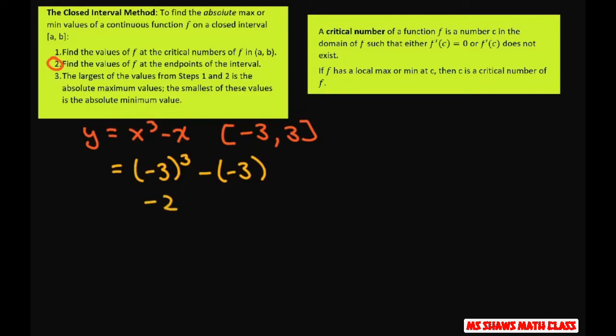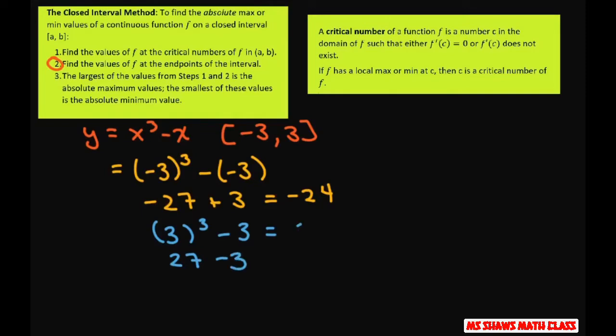So this is -27 plus 3, which gives you -24. And now let's plug in 3. So you get 3 cubed minus a +3. So that's going to be 27 minus 3 is +24.